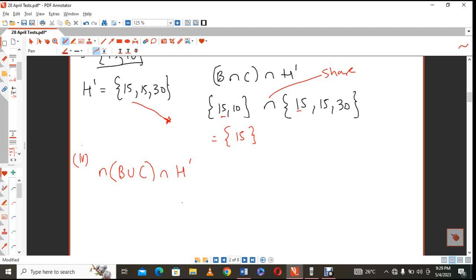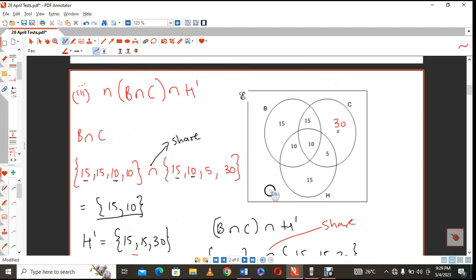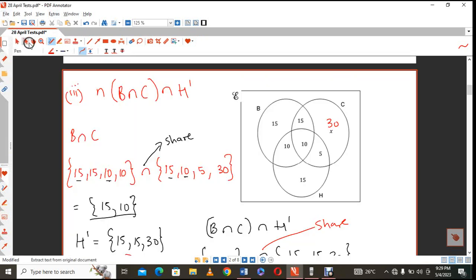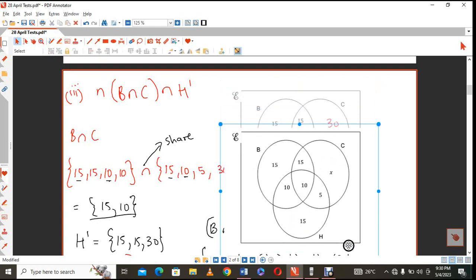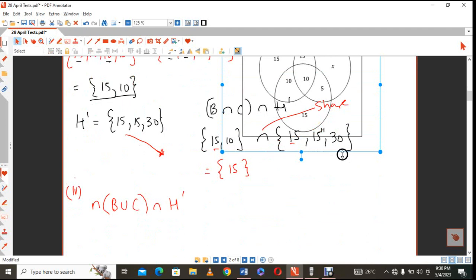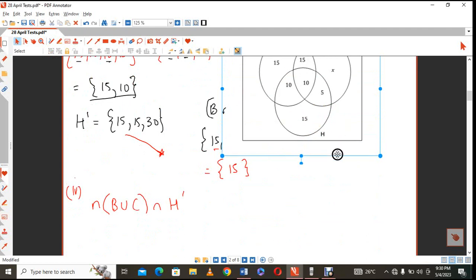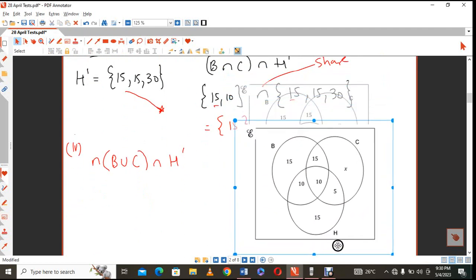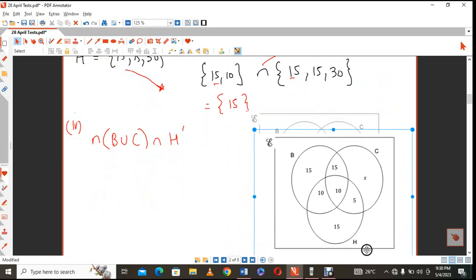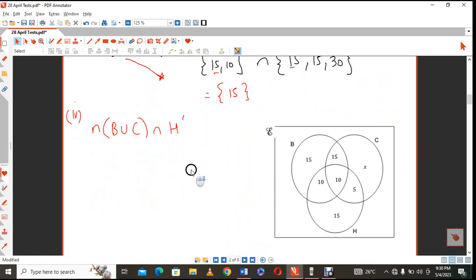Let me see if I can bring my diagram down a bit, because it's a bit up there, so it can make it easy for me to work on it. Okay, this is where we are.